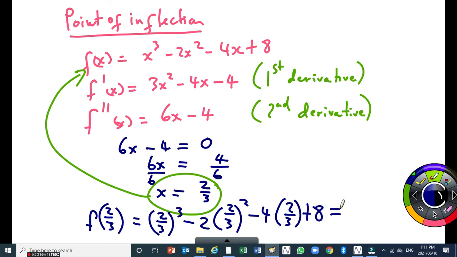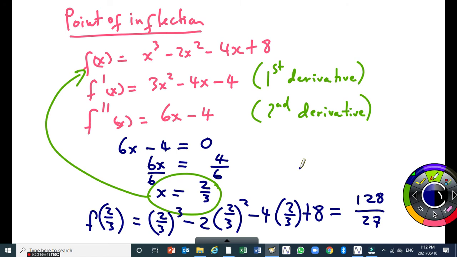What answer do you get? Can someone get the answer for us? It has to be a common fraction. You're all supposed to have your calculators in front of you.